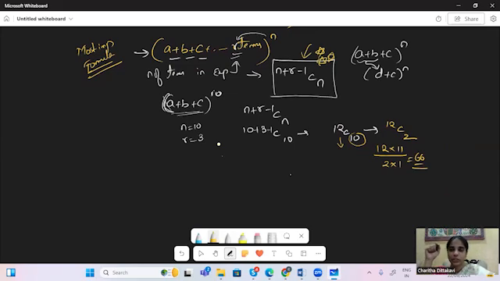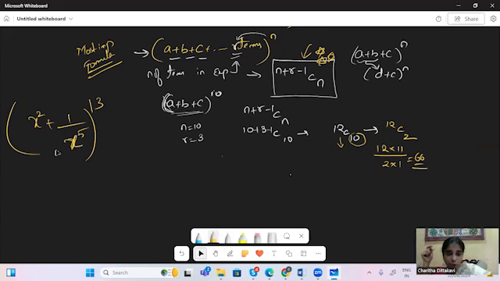Suppose I give you x square plus 1 by x power 5 whole to the power 13, whatever it is. Such huge things is what I'm giving you. In these, how many terms do we get? As I have given you just a binomial with power 13, obviously you can say 14 terms are there.